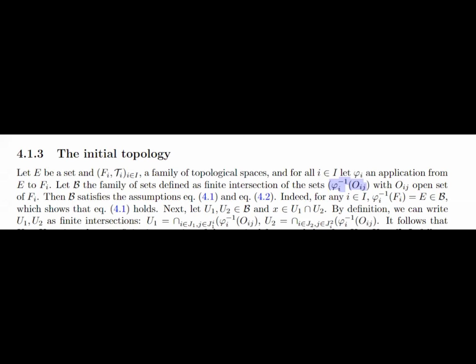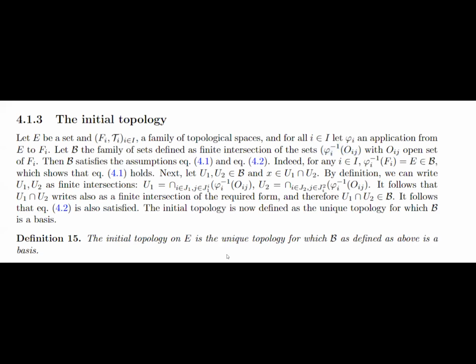So now, how do we define the initial topology? The initial topology on E is the unique topology for which B, as defined above, is a basis. Okay, so that's very good.